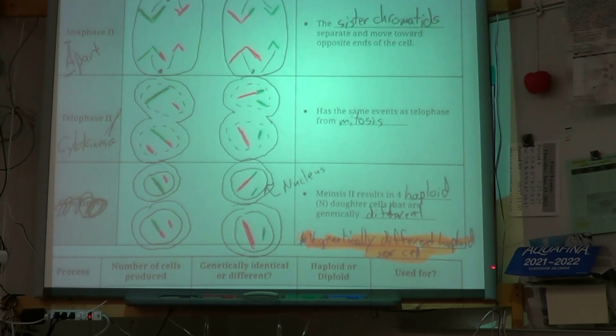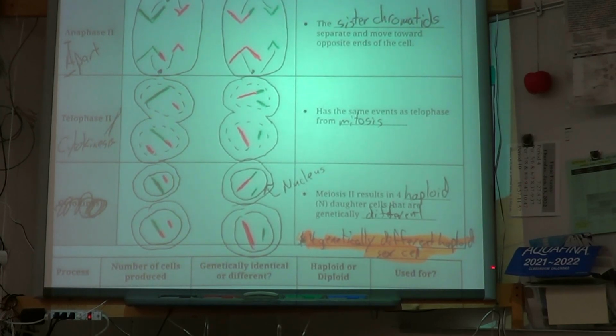So that's the production of sex cells, and we produce these sex cells that create genetic variations. Then those sex cells may combine to fertilize and make a new offspring.